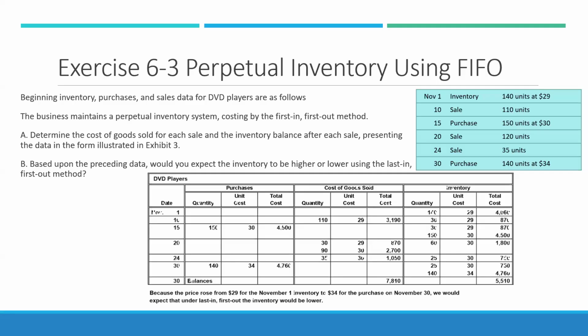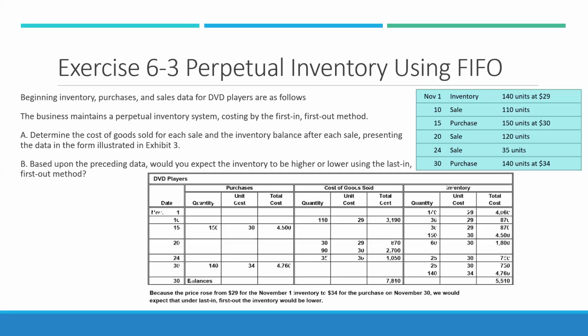And then on the 24th, we sell another 35 units, and that's taken from the $30 inventory purchased on the 15th. And then we purchase 140 units at the end of the period. And so our ending inventory quantity, we have 25 units left of the $30 inventory, and then we have 140 units of the $34 inventory.